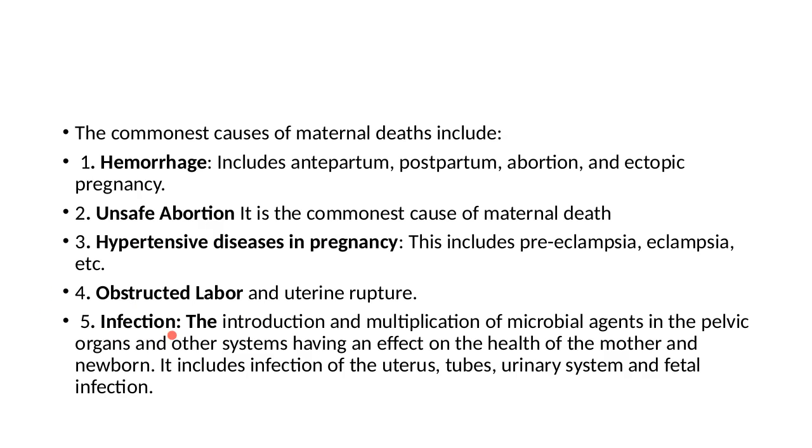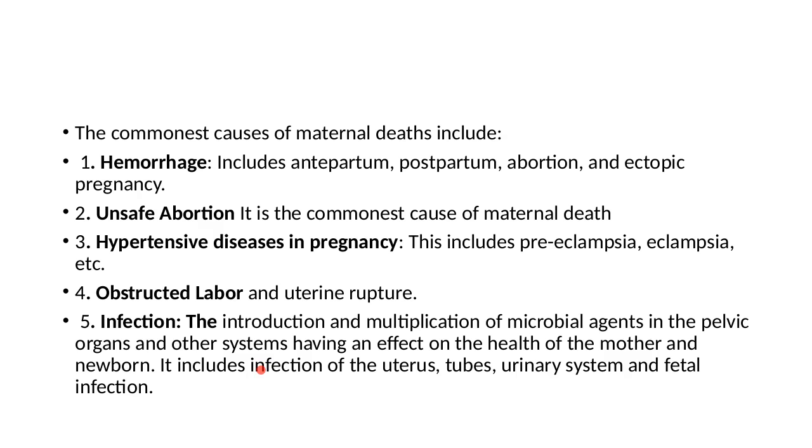Then the 5th cause of death is infection, the introduction and multiplication of microbial agents in the pelvic organs and other systems, having an effect on the health of the mother and the newborn.